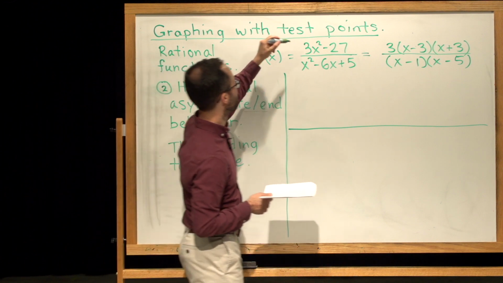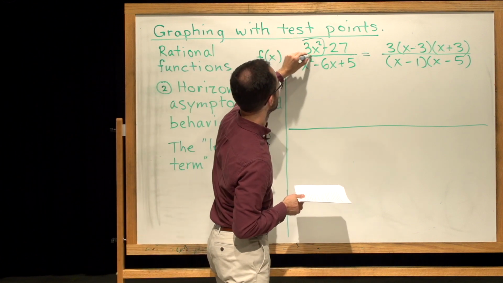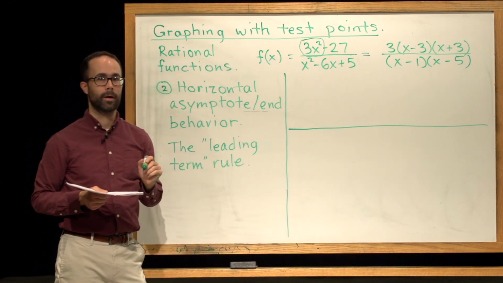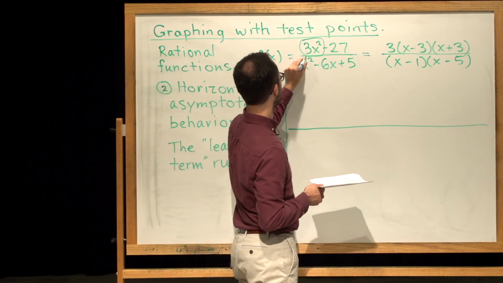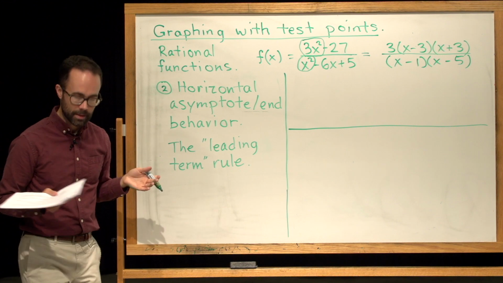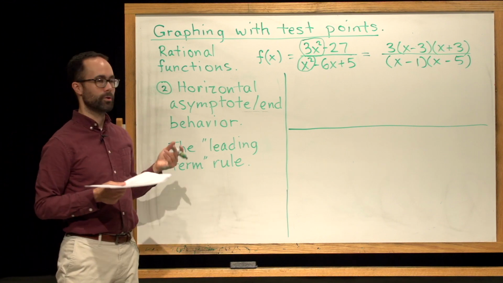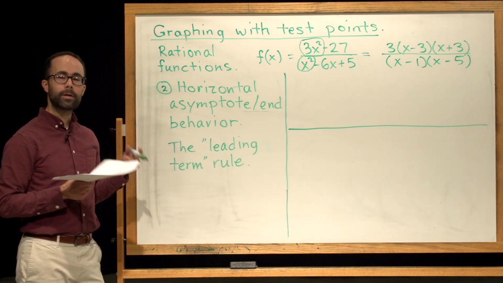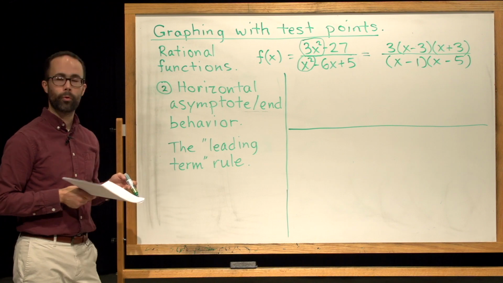So in this problem, for example, your leading terms are the 3x squared on top in that numerator, and then the x squared from the denominator. And of course, that could be different for lots of different rational functions, and comparing those leading terms is really what's important here.